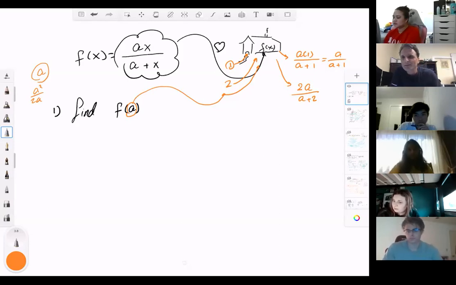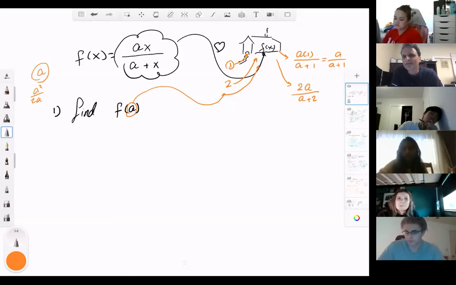Anybody else would like to share? I got a squared over 2a as well. I got the same thing as Matt. Ella, you want to say? I got the same thing, a squared over 2a.